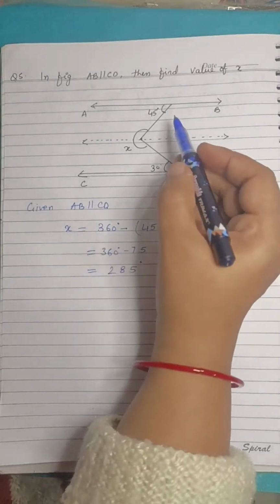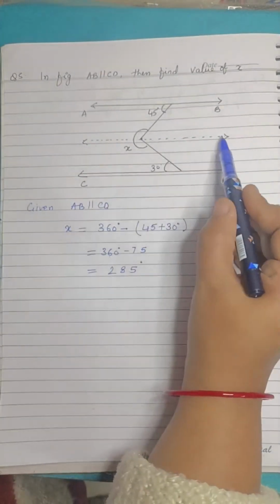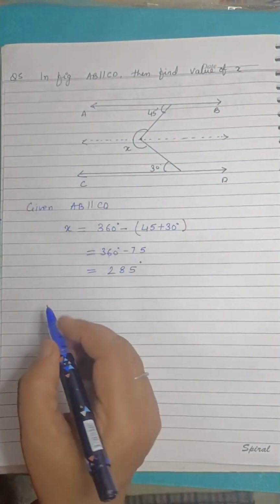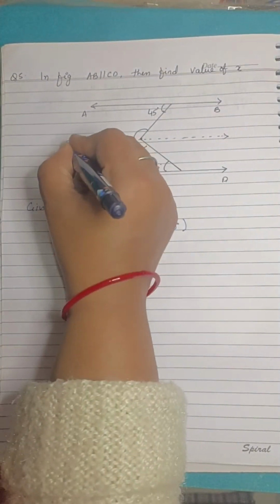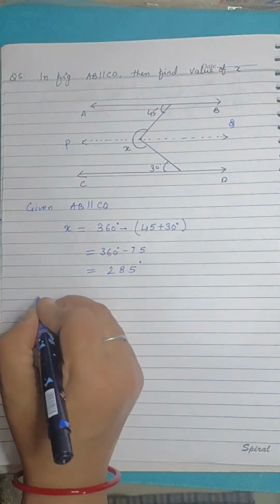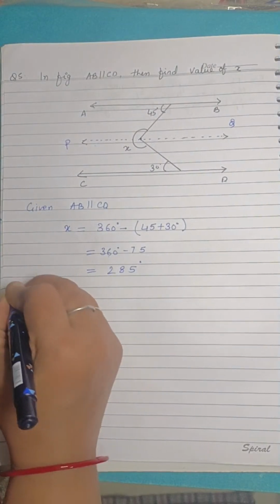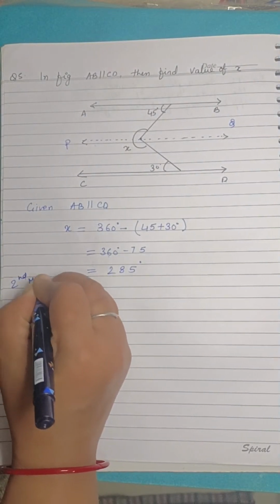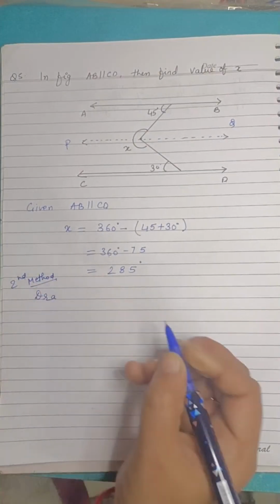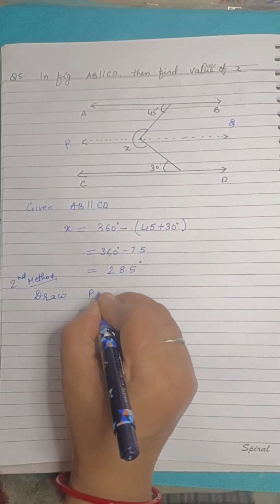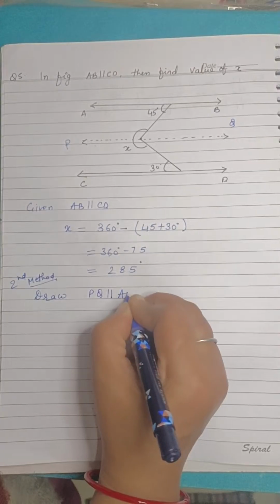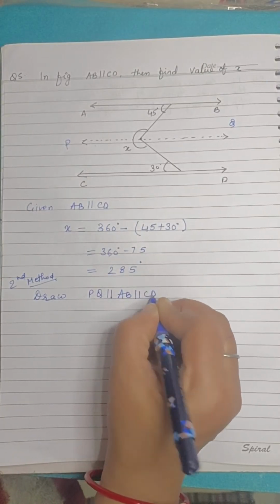The second method is that you just draw a parallel line, let's say PQ. Second method is: draw PQ parallel to AB parallel to CD, right?